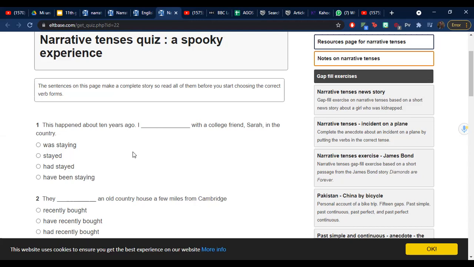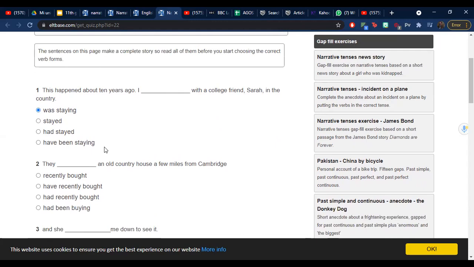Any idea? Nope. Okay. So I go for "was staying." And remember, past simple and past continuous build up the context.